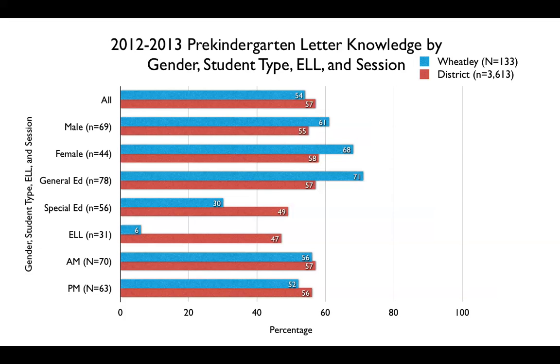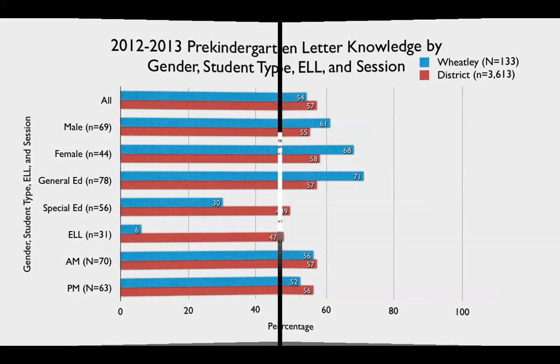As you have probably noticed, there is a 3 percentage point difference between the county and our school. By looking at it closely, it appears that our male, female, and general education students are doing better than the county total. However, our special education students and English language learners are not performing at par.